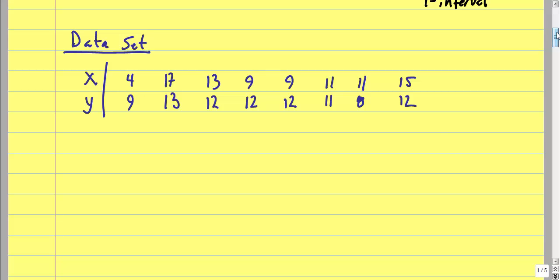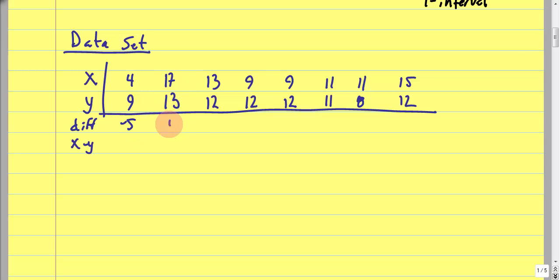So the difference is usually made up of x minus y, or the first value minus the second value. So these differences would be 4 minus 9 is negative 5, 17 minus 3 is 4, 13 minus 12 is 1. Here we have negative 3 is 0, 11 minus 8 is 3, 15 minus 12 is 3.